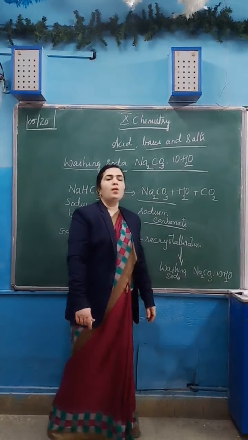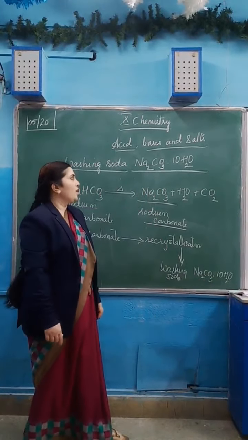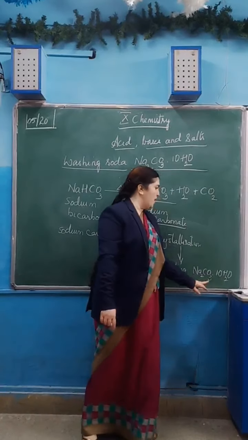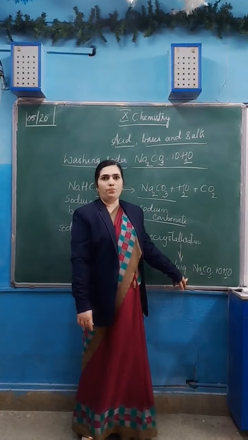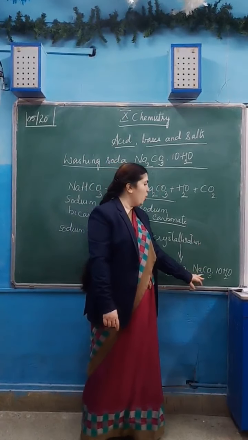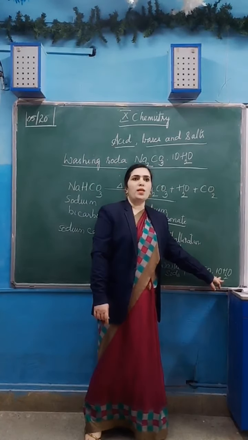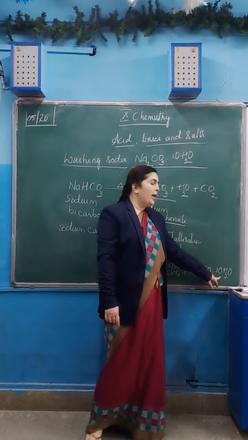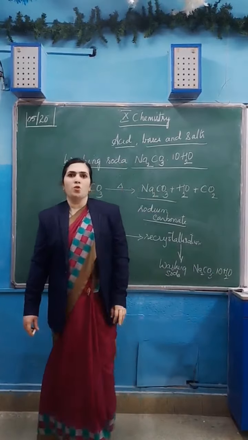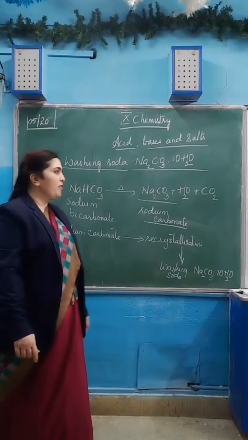That is known as washing soda. This 10H2O is the water of crystallization. Per molecule of washing soda, there are 10 molecules of water, and that is known as the water of crystallization.